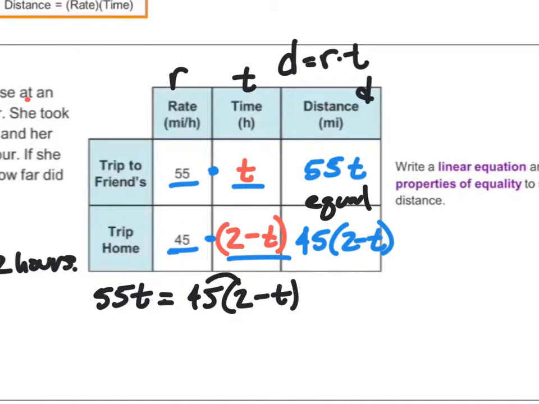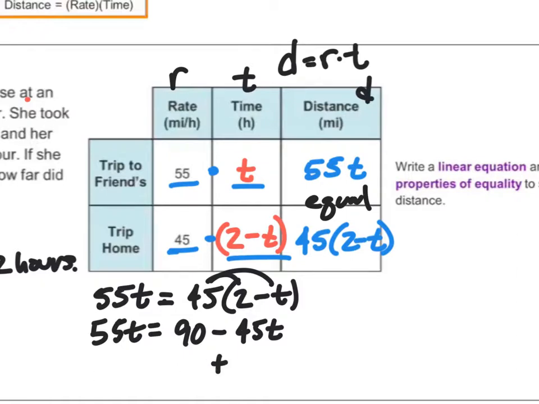So I'm going to multiply through my 45, and so I get 55t is equal to 45 times 2, which is 90, minus 45t, okay? So then I'm going to solve for t.